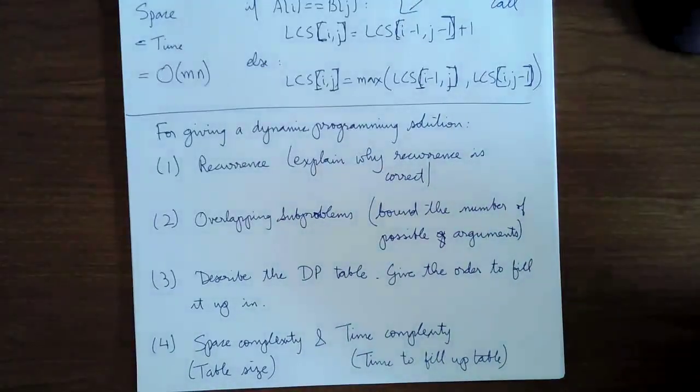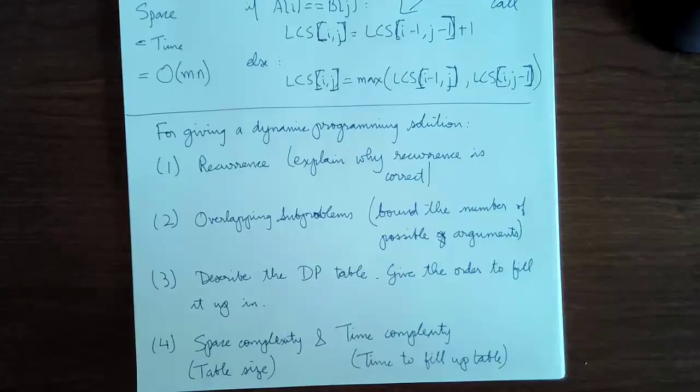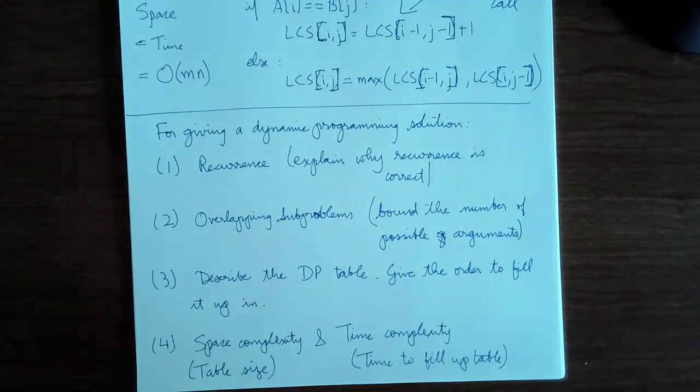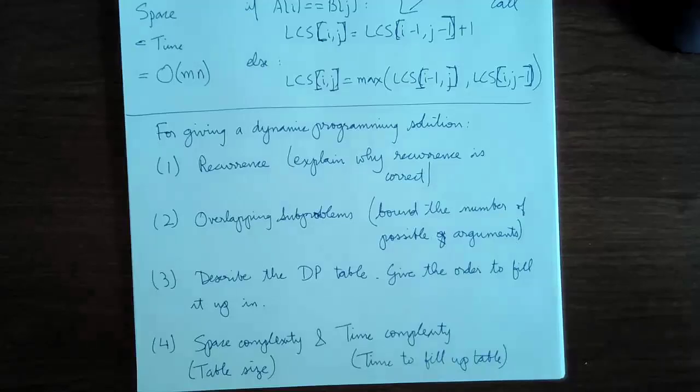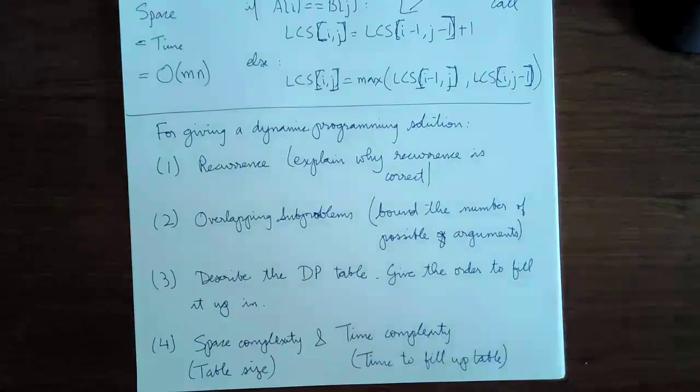What would be a scenario where the table dimensions are more than 2? There exist dynamic programming problems. Let me see if I have any examples. The ones that I am teaching are not necessarily higher dimensional, but I will see if I can come up with any examples.